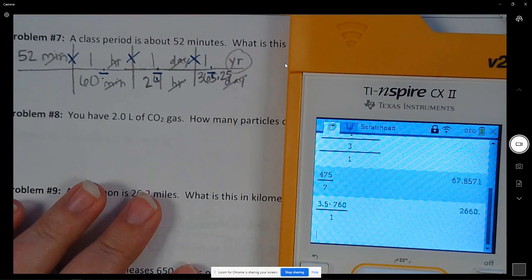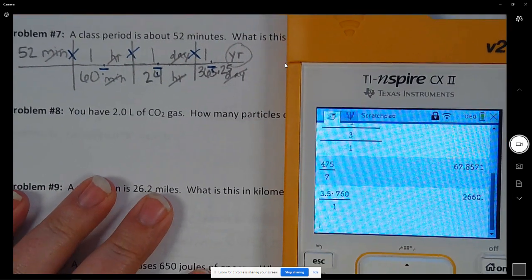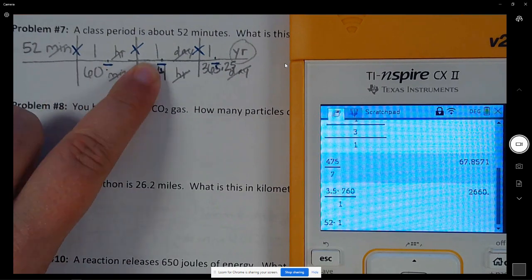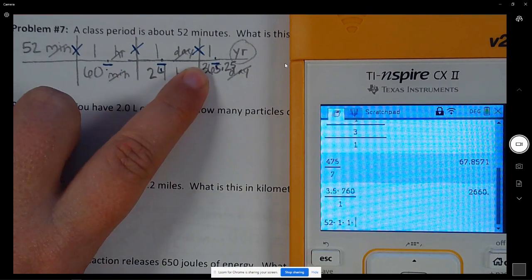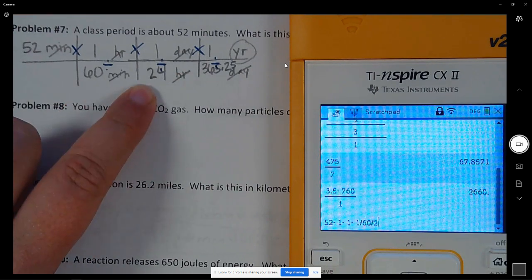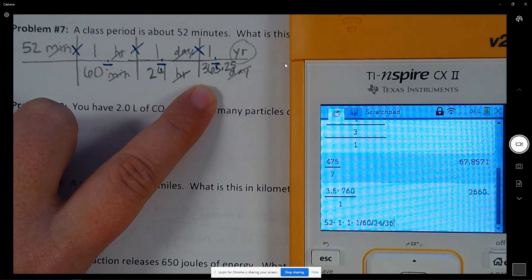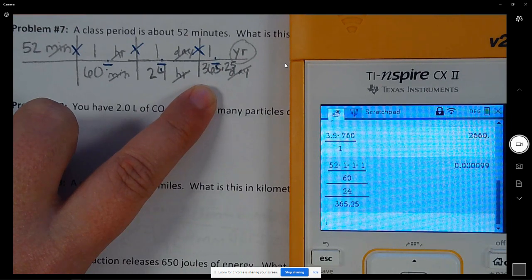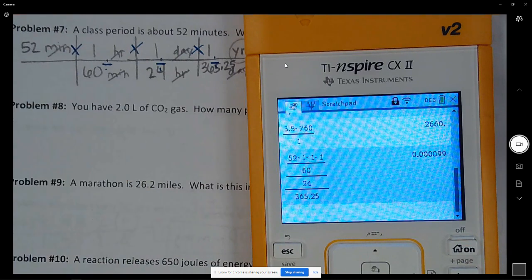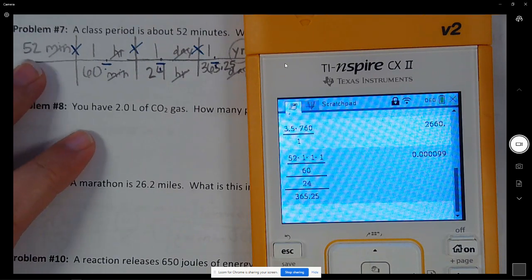So when we have our calculator, we have 52 times 1 times 1 times 1, divide by 60, divide by 24, divide by 365.25, and we get our answer as 0.000099. So now we have to say, okay, I need to look at how many sig figs I'm supposed to answer to.